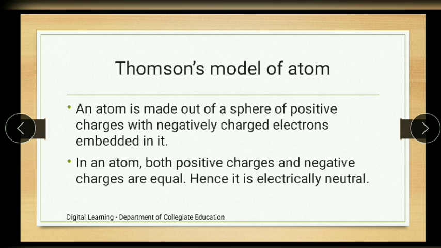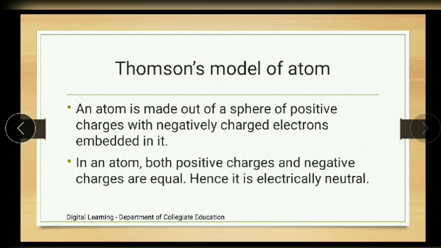In an atom, the positive and negative charges are equal. Hence, it is electrically neutral. The major limitation of this model was that it could not explain the experimental results of the alpha ray scattering experiment carried out by Rutherford and team.